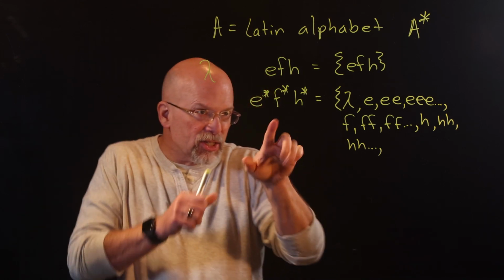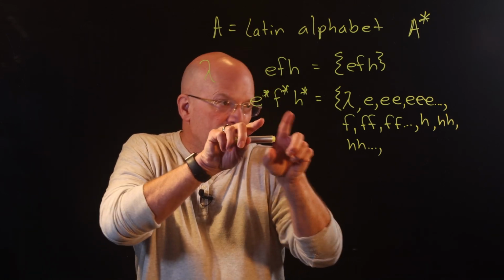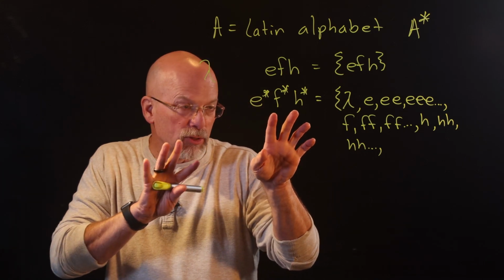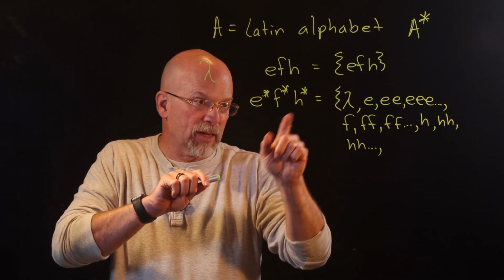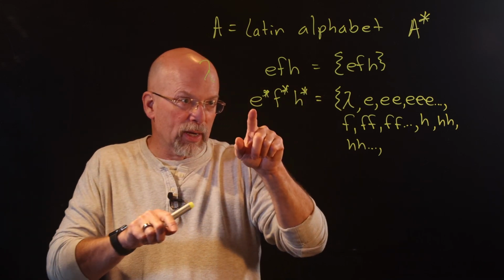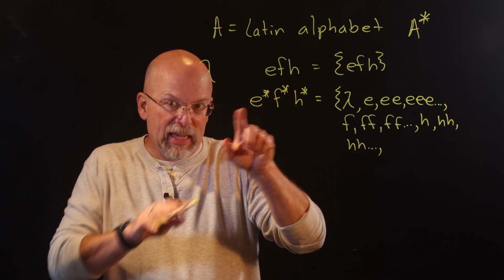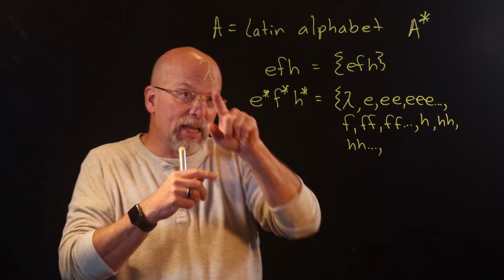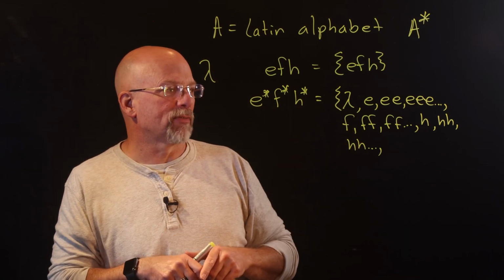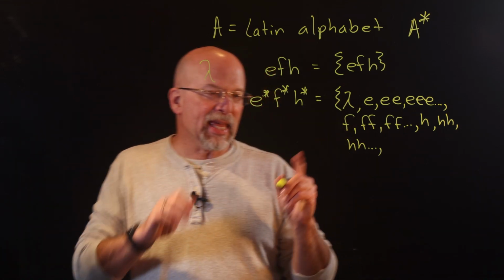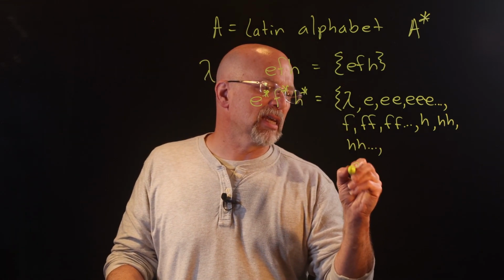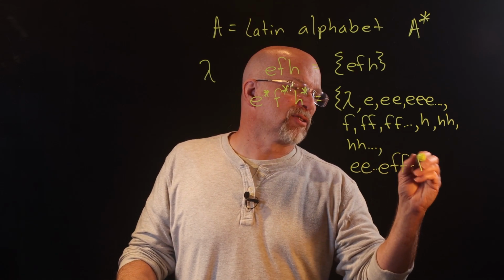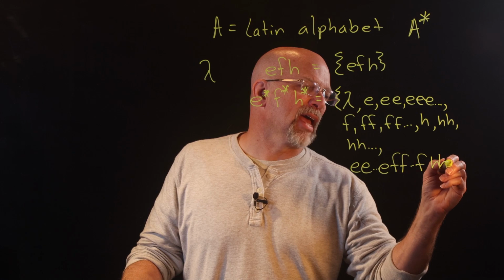For these where there's just a single character, that would mean that the other two regular expressions, so this F star and H star, if they were both empty strings, then you'd have any number of E's. If E star and H star both selected the empty string, then you'd have any number of F's, and so on. But the key is what we can have is any number of E's followed by any number of F's followed by any number of H's.